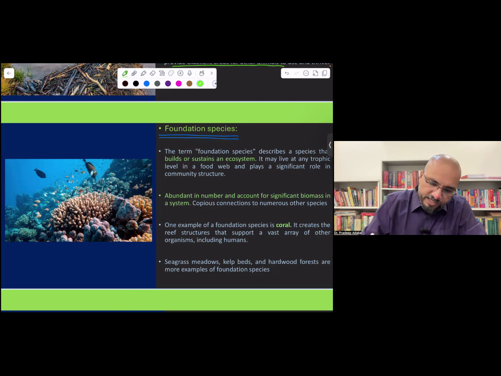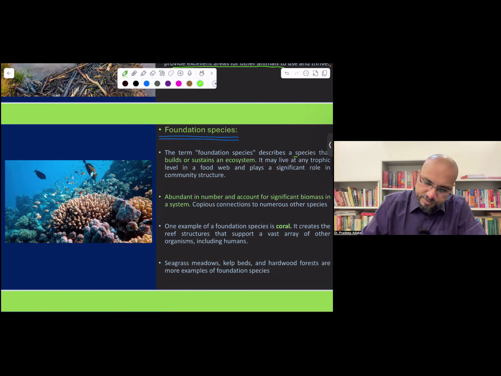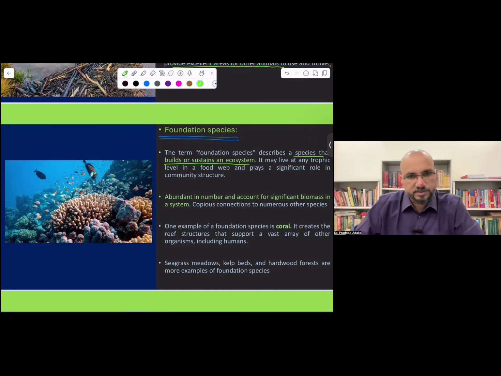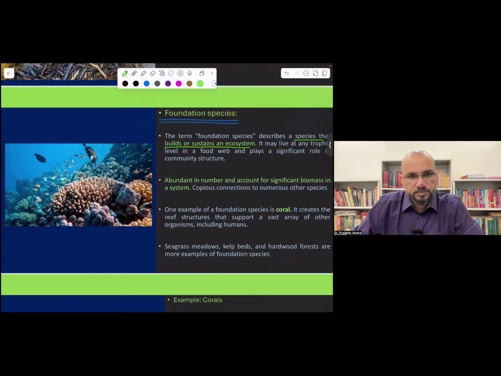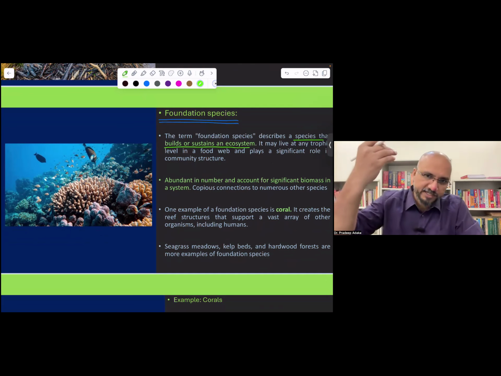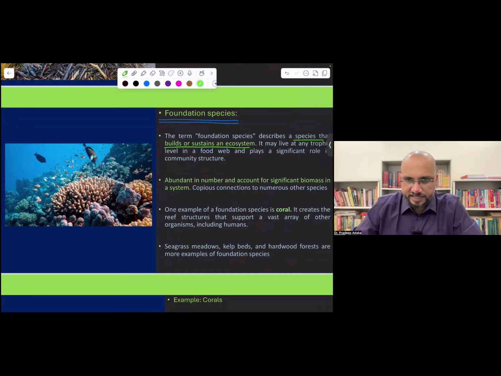The term foundation species describes a species that builds or sustains an entire ecosystem, and it may live at any trophic level. Again, remember, they can live at any trophic level. It need not be at the top, it can be at any level in the food web and play a significant role in community structure.